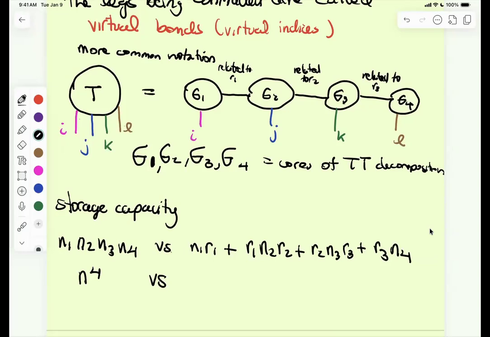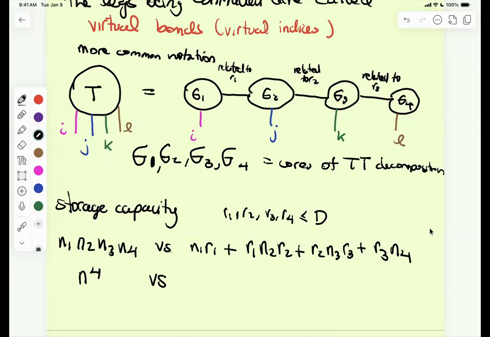So if you truncate the ranks, if you say that all the ranks are less than or equal to some number D, then the most it would be is quadratic in D and linear in n. So it's O of n D squared, right?